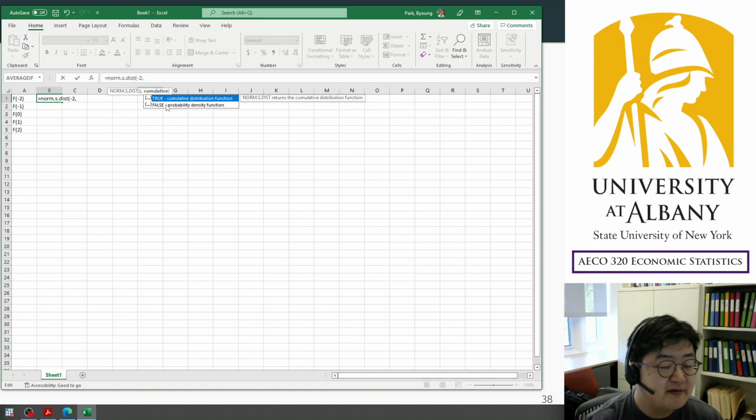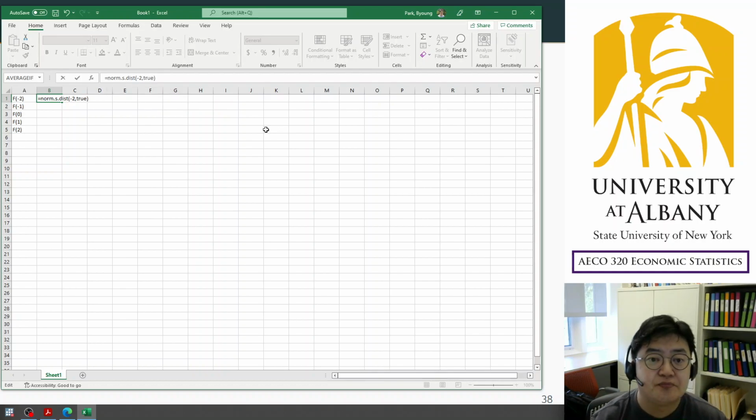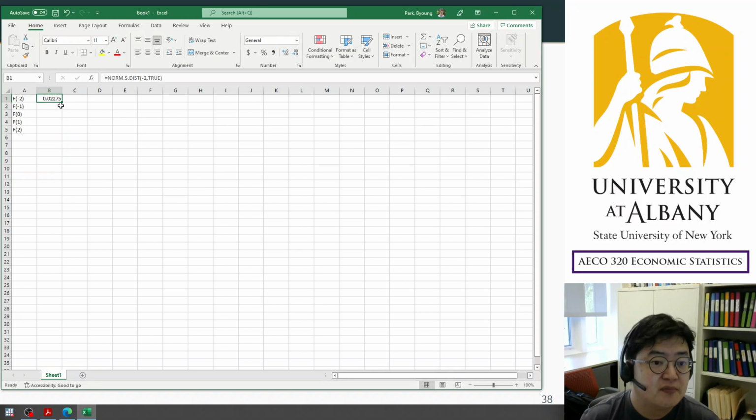But if you put false, it will return the probability density. Probability density is not a probability. It is just density, as I said. So what we want is the cumulative probability. If you enter that, it returns 0.02275. If you click percentage, it is about 2%, and if you extend the decimal points, it is about 2.275%.